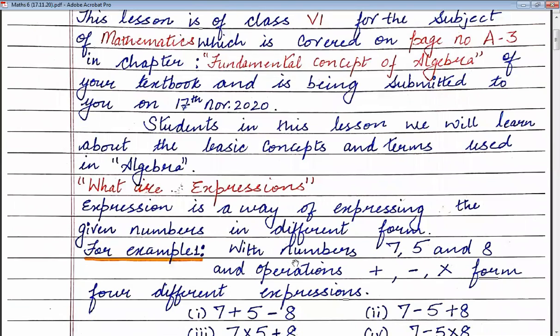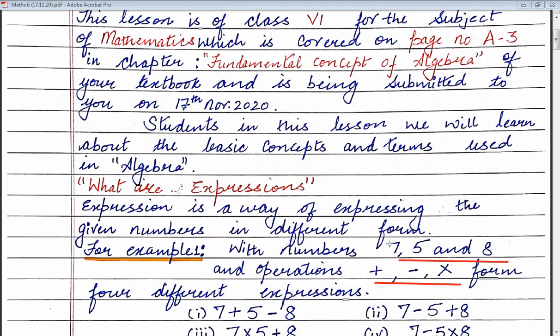Children, we have three numbers, that is 7, 5, 8, and we have three operations, that is addition, subtraction, multiplication.